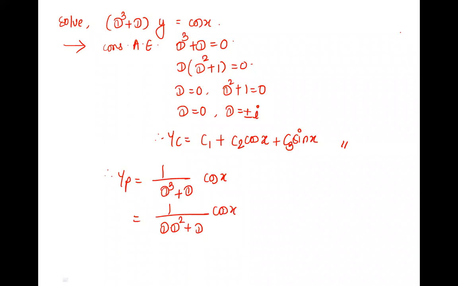D square is there. Then find out a. What is a here? 1. Square it: 1. Negative sign: minus 1. And replace it over D square. D square is minus 1. So it is minus 1 D plus D, into cos x.